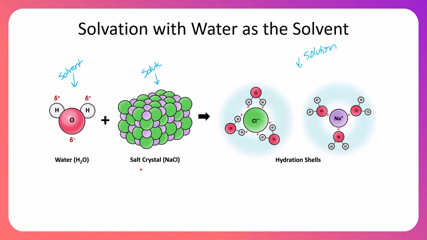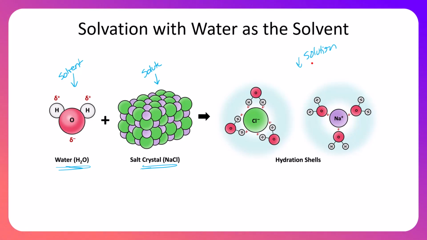If we put salt, sodium chloride, NaCl, into a sample of water, we know that the salt will dissolve. When dissolved, it creates a solution, and the solution is homogeneous, which means it is uniform throughout. So what is actually happening at the molecular level when a solvent meets a solute?